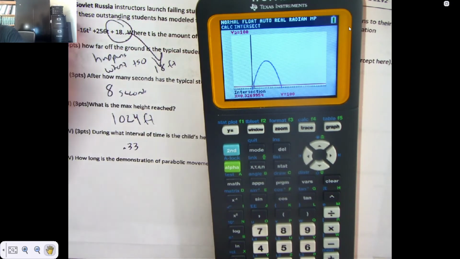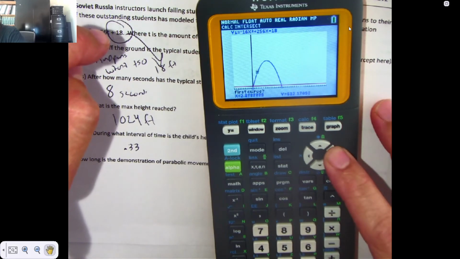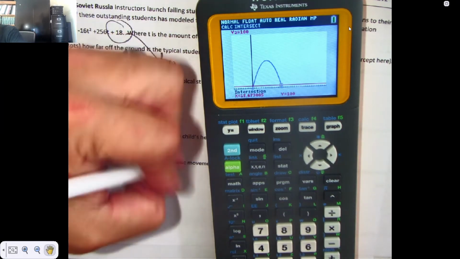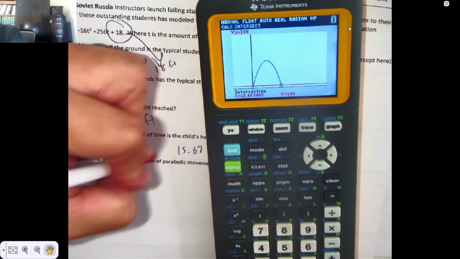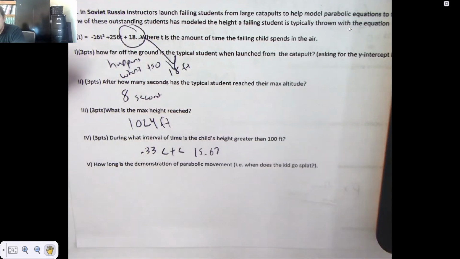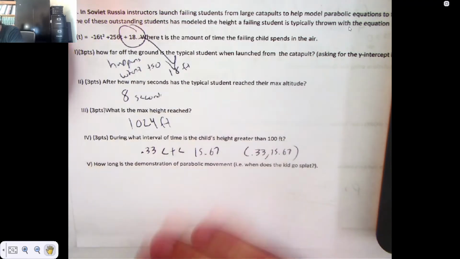That's the left boundary. Second trace 5 for intersect. Get my right boundary. Enter, enter, enter. 15.67. And the time is stuck between them. So as long as you're stuck between those two numbers, those two times, you're greater than 100 foot. If you like intervals, it'd be 0.33, 15.67.